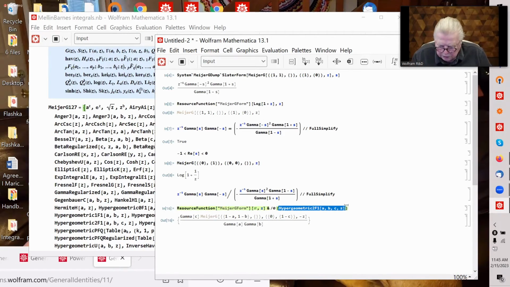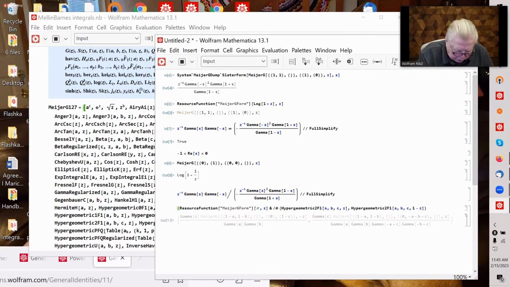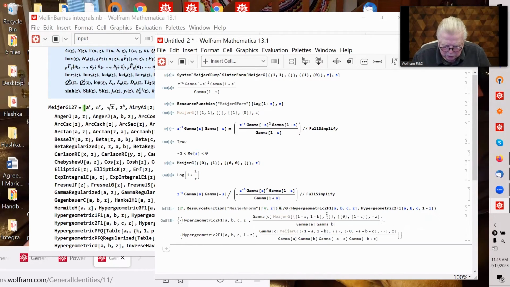And here we can write list, another function 1 minus z. And also we can write here the following construction, which allow us to see what was converted to what.